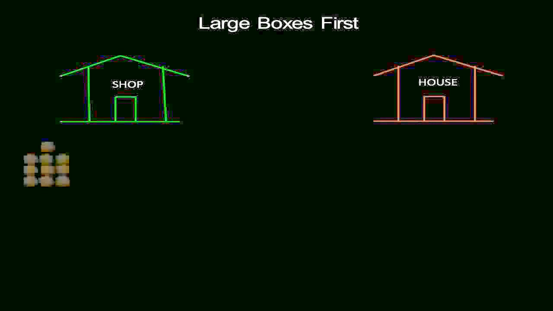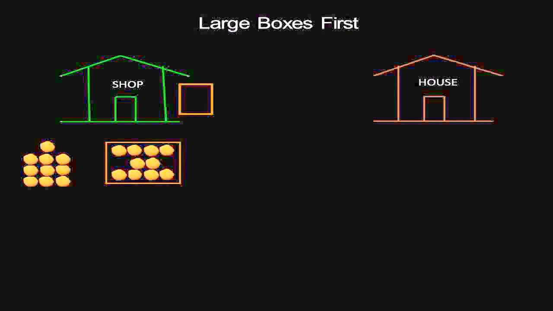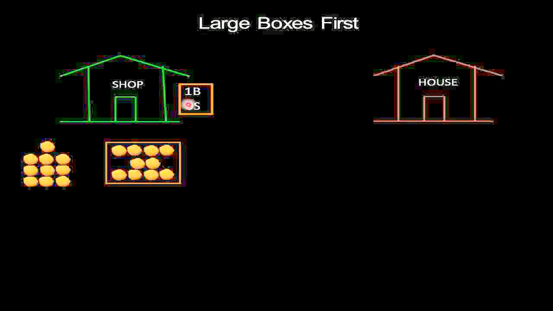Now let's take the large boxes first case. In the large boxes first case, a 10 can be put in a 10 laddu box straight away. In which case in the bill you will just write one big box is being sent and no small boxes are being sent. 1B 0S.